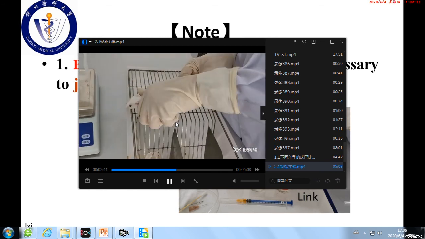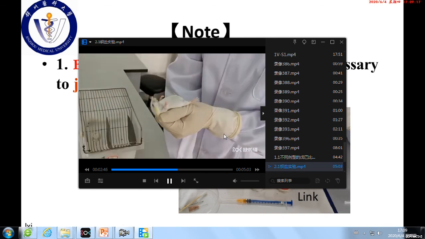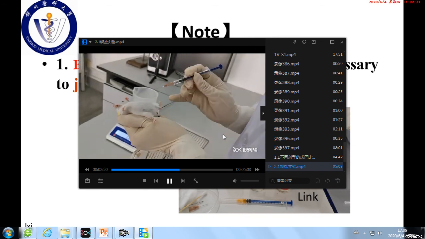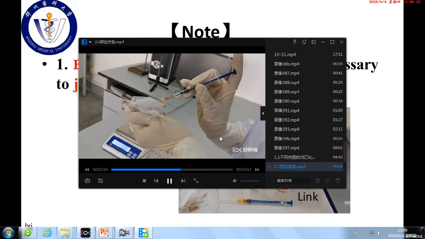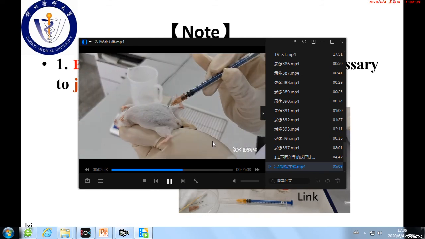This is mouse 3. Peritoneal injection at its lower abdominal part.